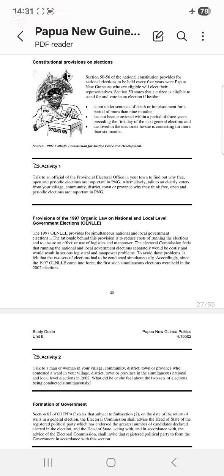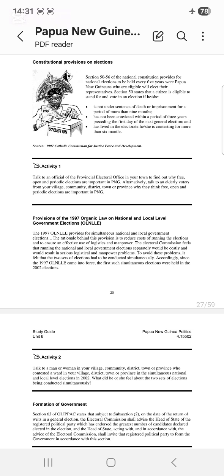After 1997, by provision of the Organic Law, the national and local government elections are supposed to be administered simultaneously, meaning administered together. When we run for national election, when we vote for our national leaders, we must also vote for our local leaders as well.